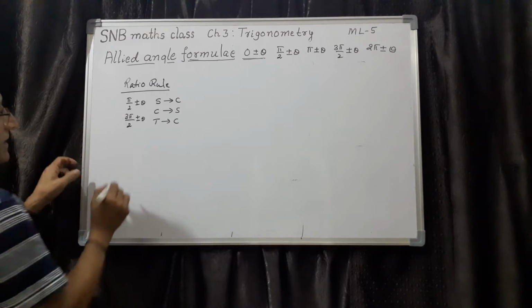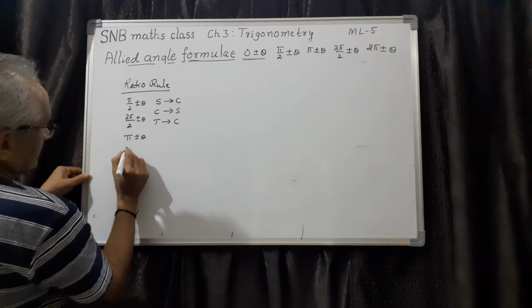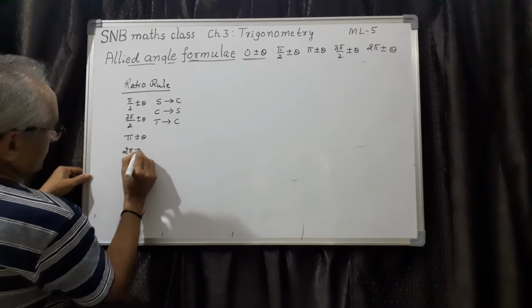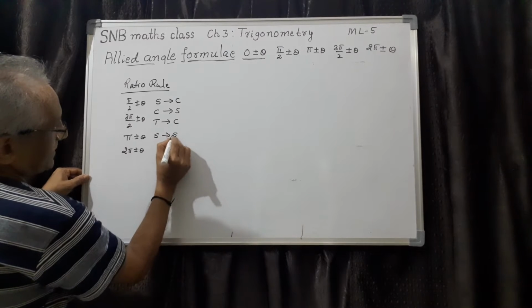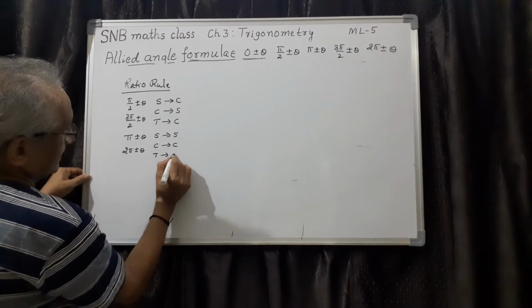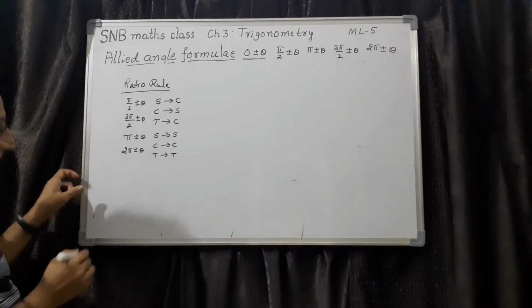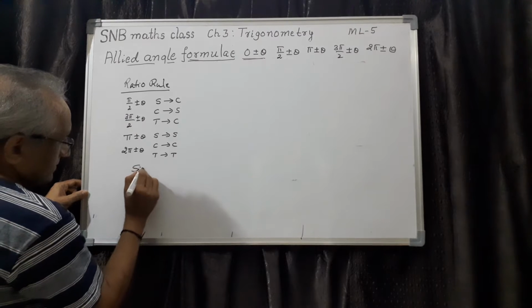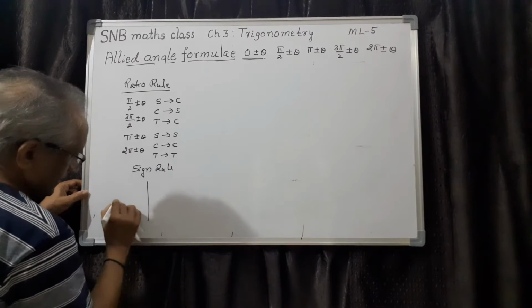This is the rule. And then for pi plus or minus theta, 2 pi plus or minus theta, sin will be sin only, cos will be cos only, tan will be tan only. This C means cot. So this is the ratio rule. And the sign rule is, you have to remember like this. You better write the quadrant.